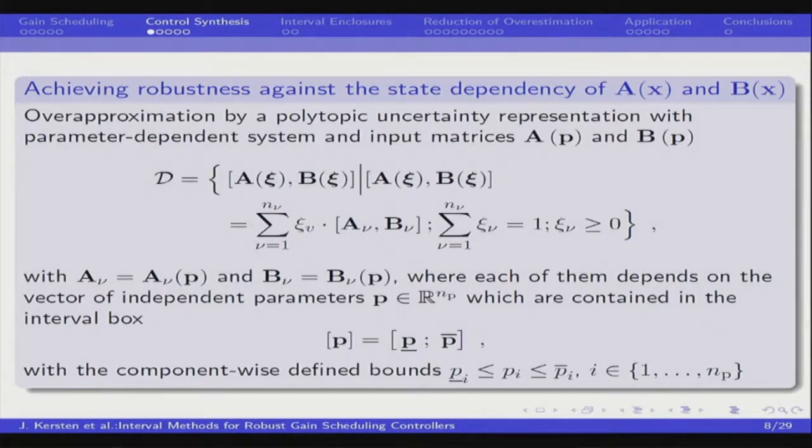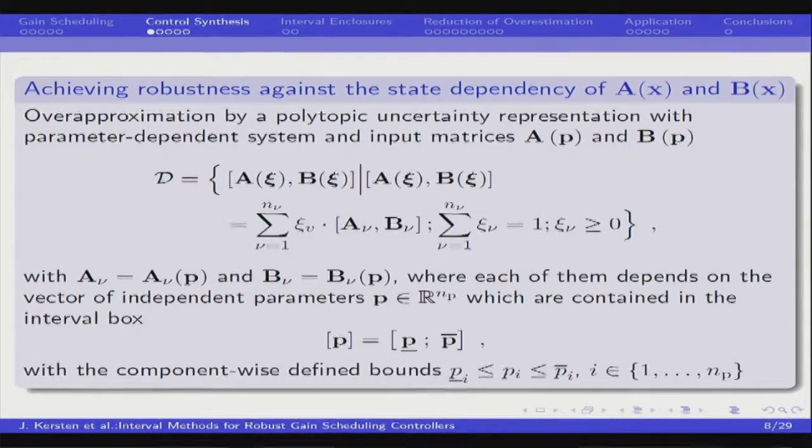To achieve this, we need to over-approximate this system by a polytopic uncertainty representation with a parameter-dependent system.